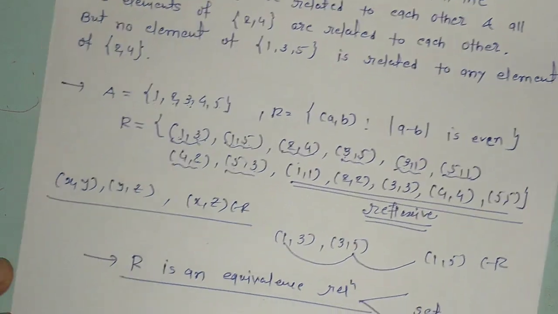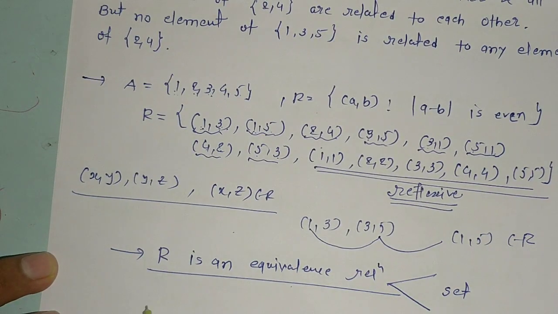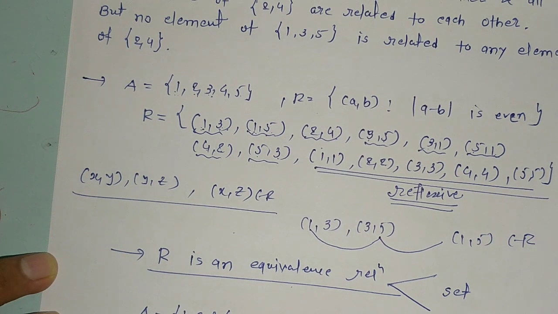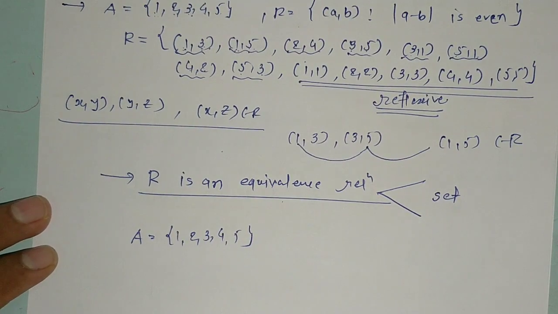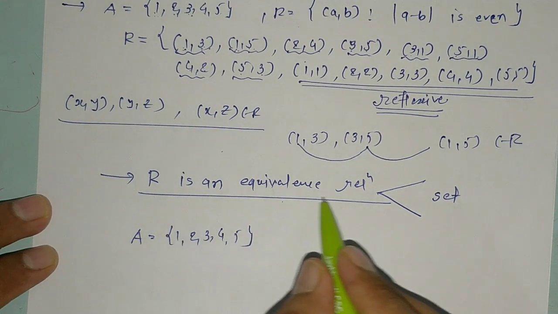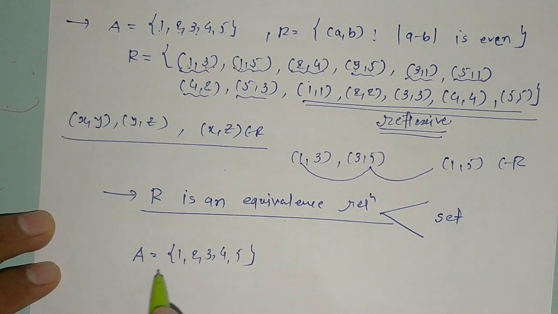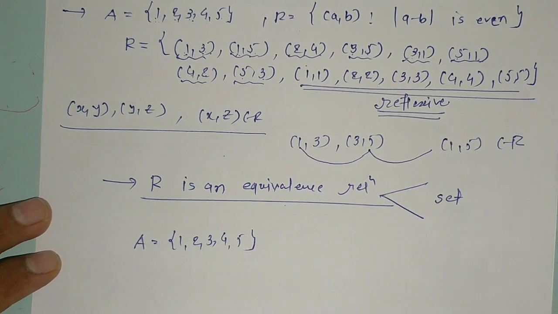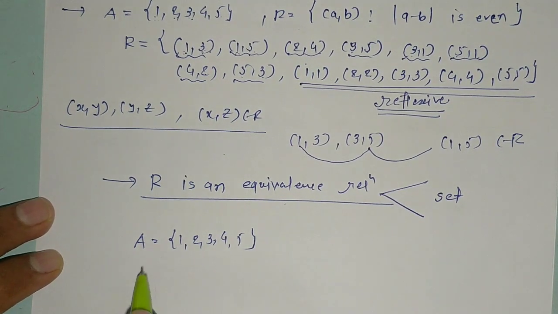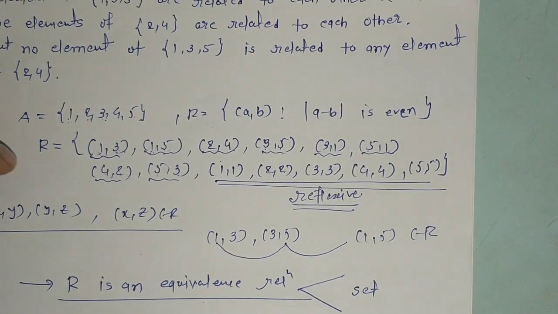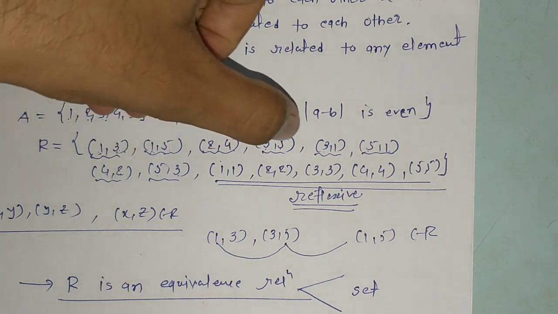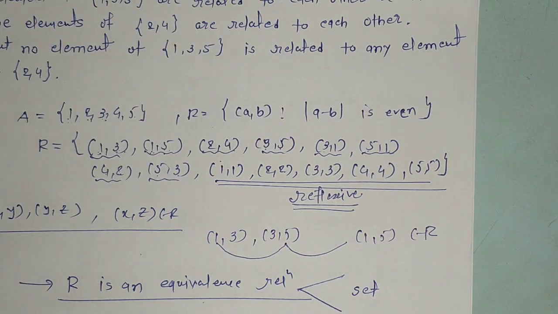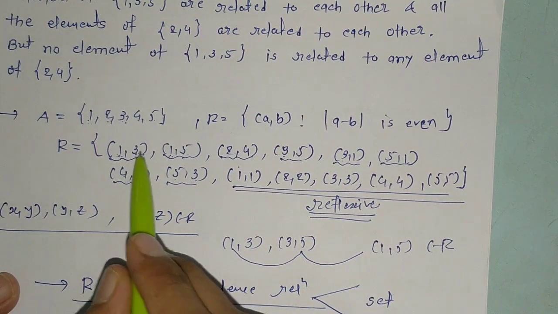So I can take set A as 1 comma 2 comma 3 comma 4 comma 5. Now as R is an equivalence relation, this set must be partitioned into disjoint sets. Let's observe that 1 is related only with 3 and 5.